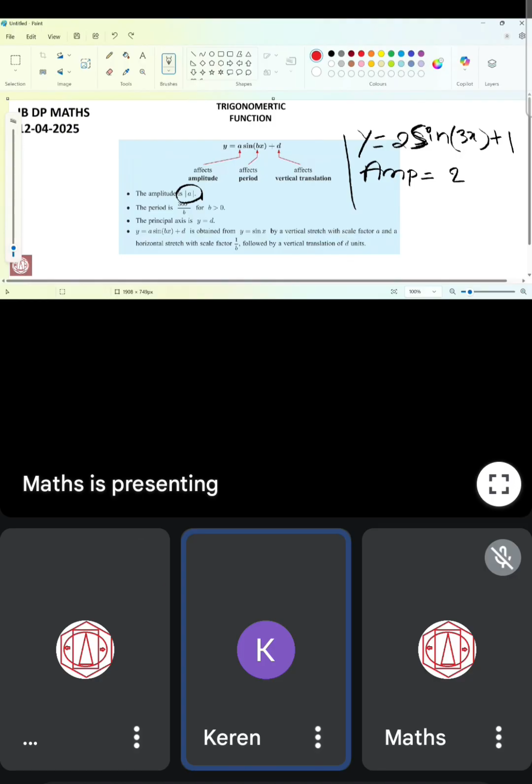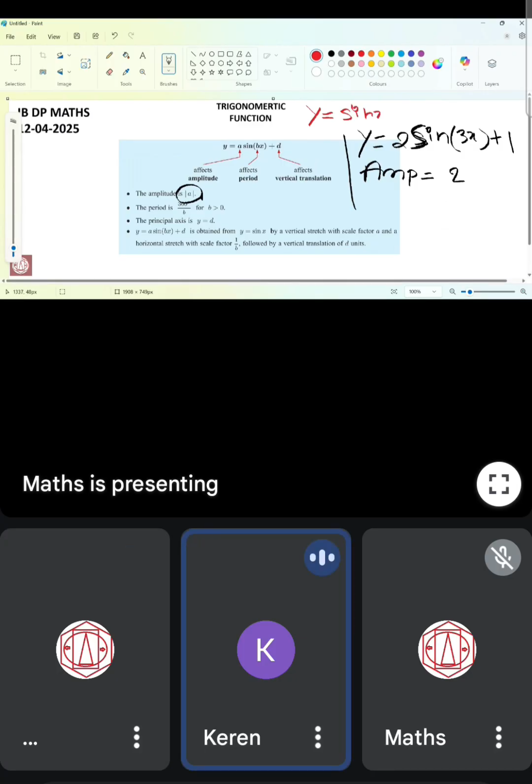Now we have seen that the b affects the period, right? I have one doubt. Is the period always 360, or does it change graph to graph? It will change graph to graph. That's what exactly I'll explain you now. In general, the period of y = sin x is 360-degree, which you already have seen.